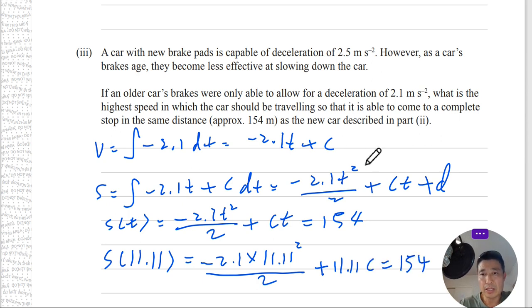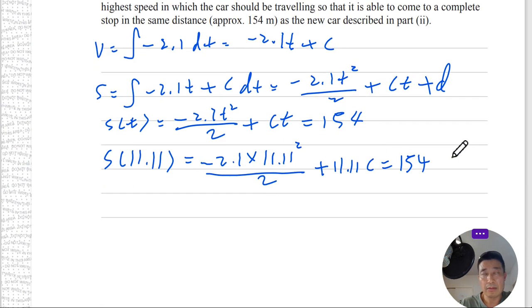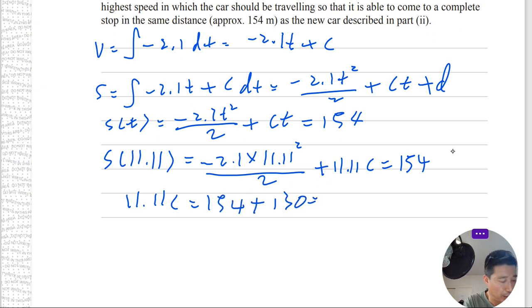Right. So this is solving a linear equation, isn't it? Finding c. So when you solve this, 11.11c equals 154 plus 130, so that becomes 284.